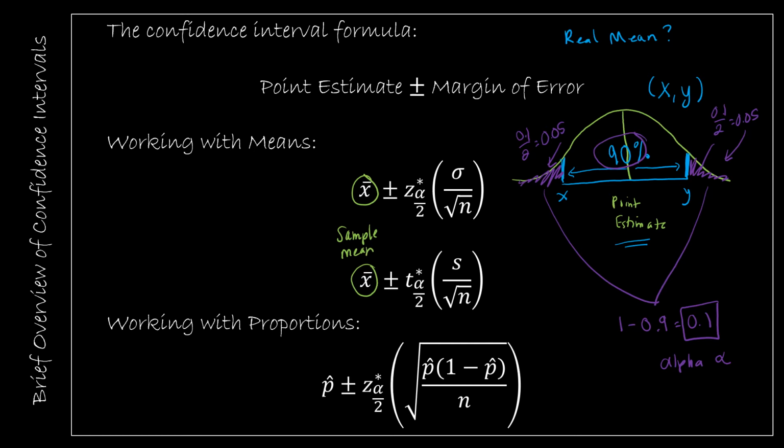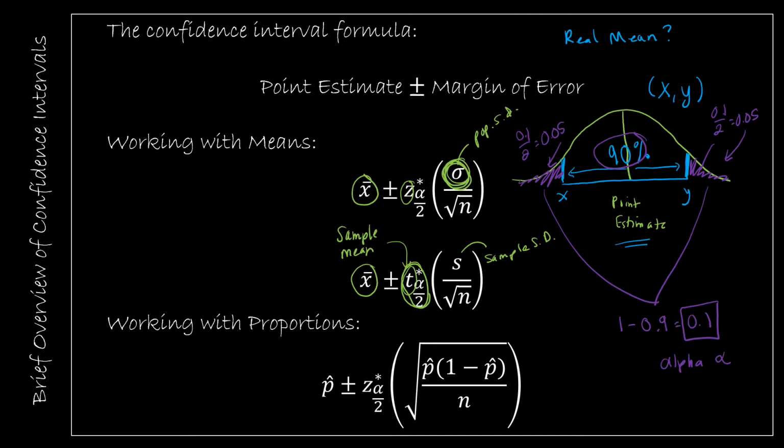Notice between the 2, this one uses a Z and this one uses a T. So we haven't talked about the T yet, but a T is just a different model, and it's different because we don't know the population standard deviation of sigma. And so here I have to use the sample standard deviation, which isn't as precise, and so this number is going to change. Whereas this guy is, of course, the population standard deviation that's going to be given to us.